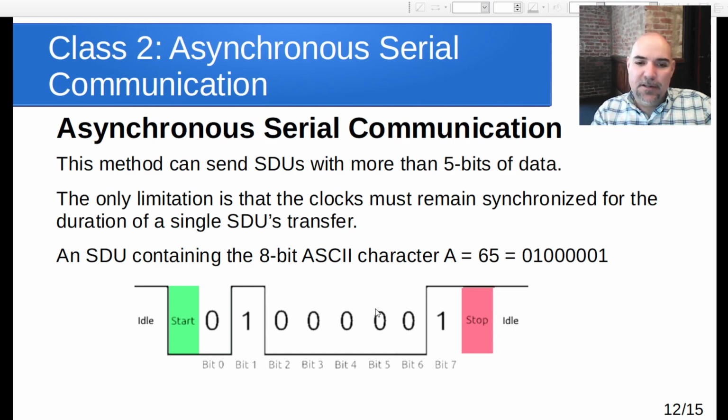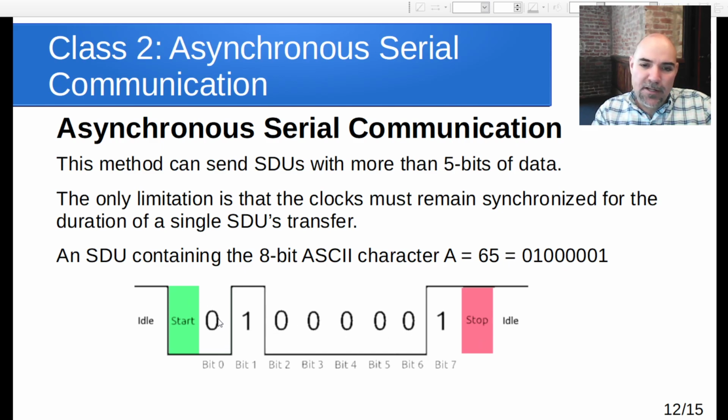I'll fix that later. Let's just get through the rest of the lecture. There's not too much left today. But just note that it depends on whether the system is sending the most significant first and working its way toward the least, or sending the least significant bit first and then working its way toward the most. Generally, it's the least to most, so my diagram is actually a little bit backwards.